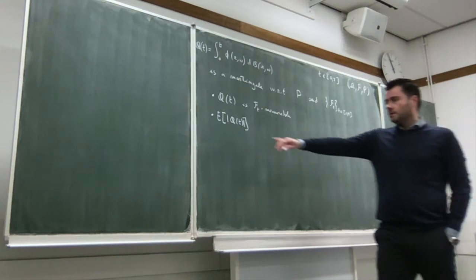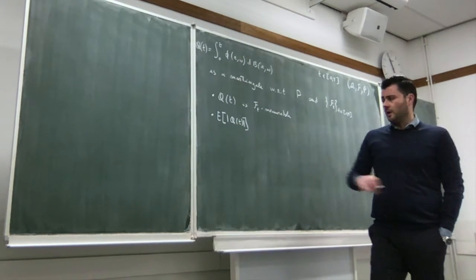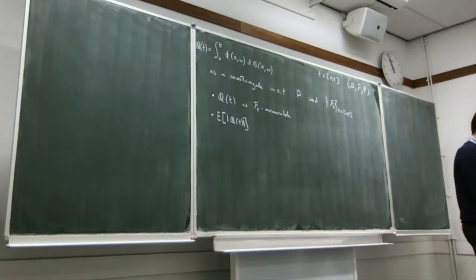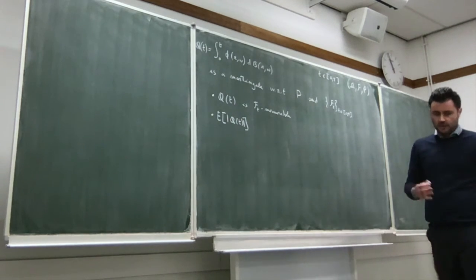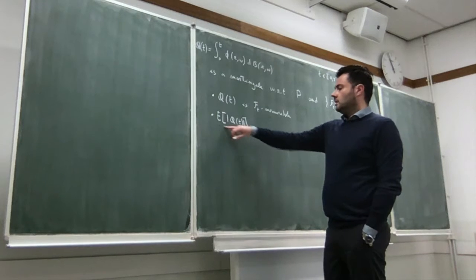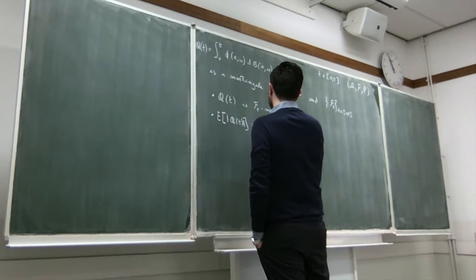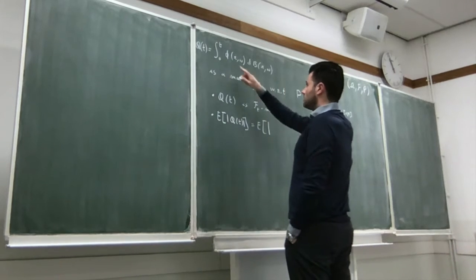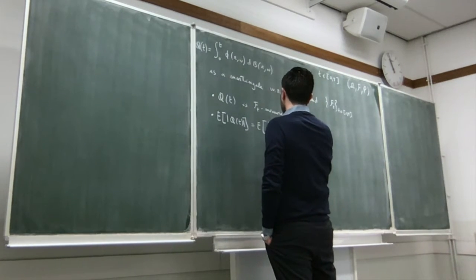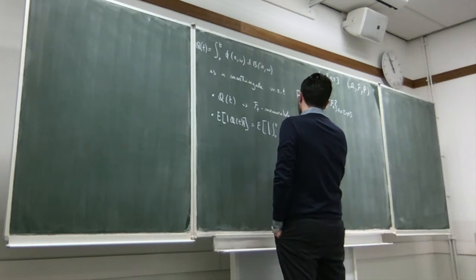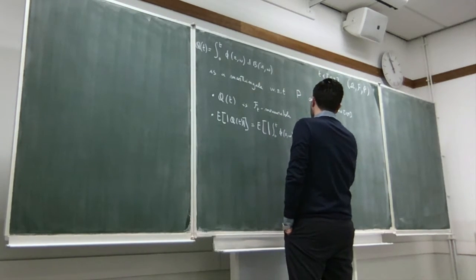Okay, so we take this, and remember that if the expectation of a random quantity is not finite, then conditioning does not help. So if we want to consider this guy here, it's like taking the expectation of the integral from 0 to t of phi_r(omega) dB_r(omega).